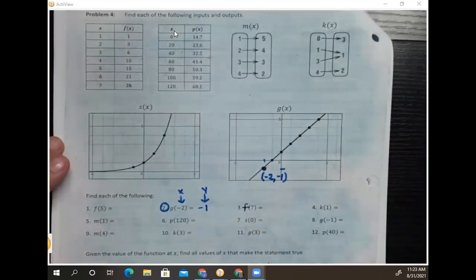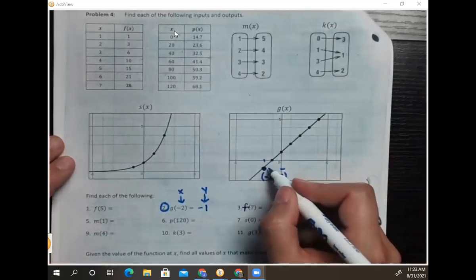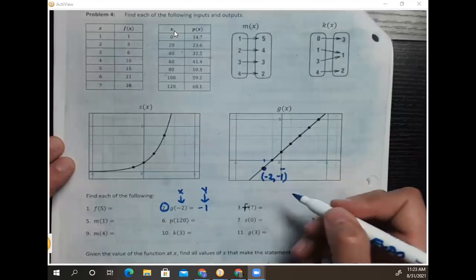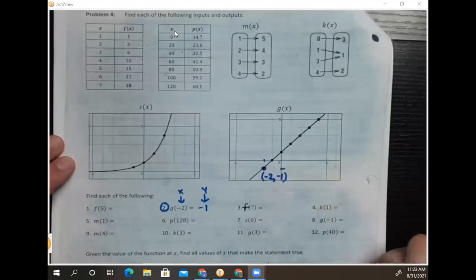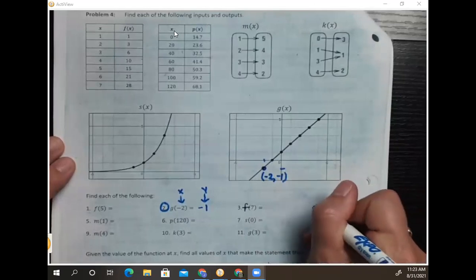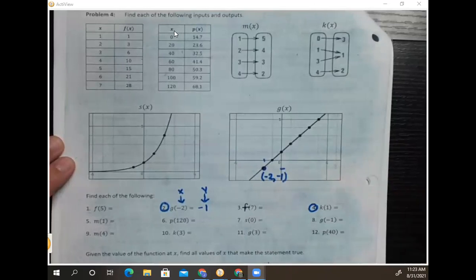So using my graph, they gave me an input, and I found the output that matches. Does that make sense, what I've done there? We worked only in function notation on this one. Now let's take a look at number 4. Same idea. This time I'm working with function k.